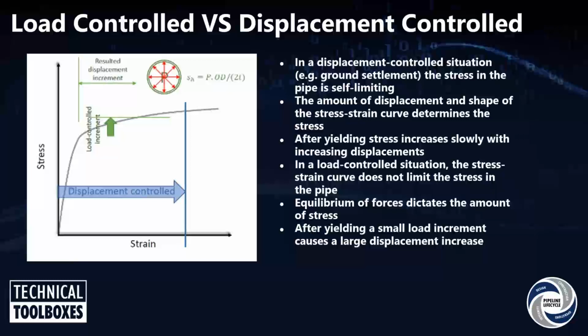This is a distinction between load control and displacement control condition. On this figure, the blue arrow represents a loading condition that is displacement controlled. And the thick gray line is the stress-strain response of the pipeline material.